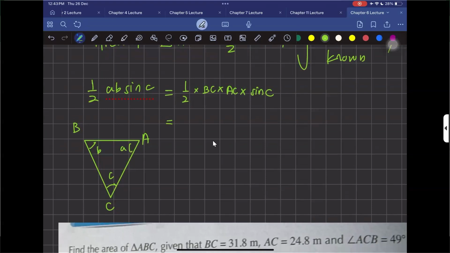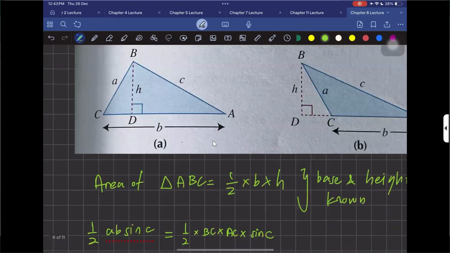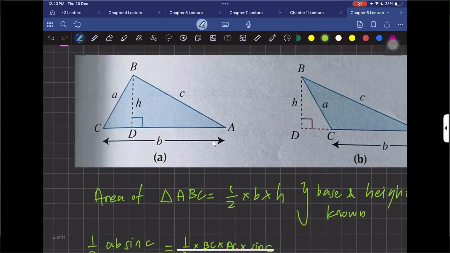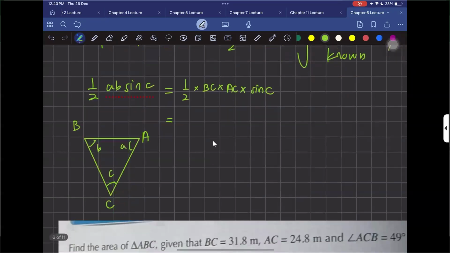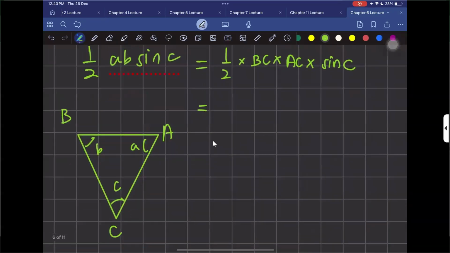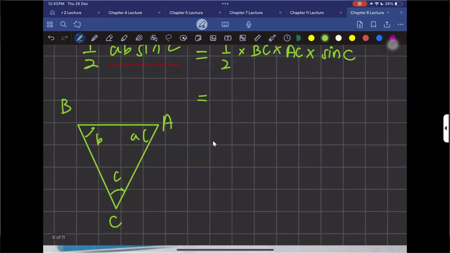Sometimes your question can be confusing, so you shouldn't straight away use the half AB sine C based on what the question gives you. If you take a closer look, your two sides are the sides linking the angle. Your C is the angle, so your two sides are this one and this one, the sides that form this angle.